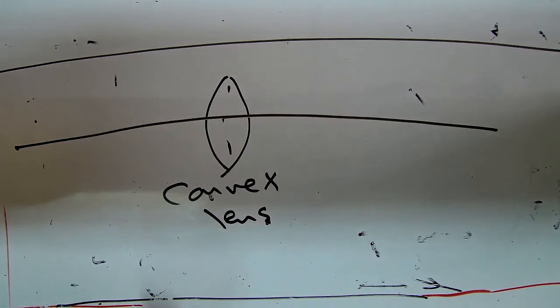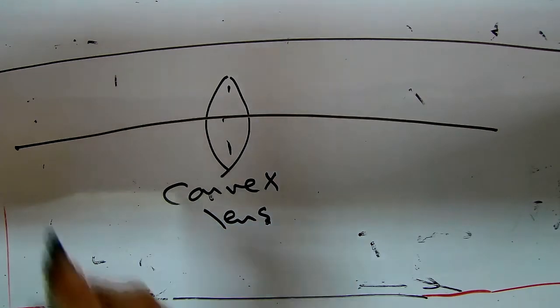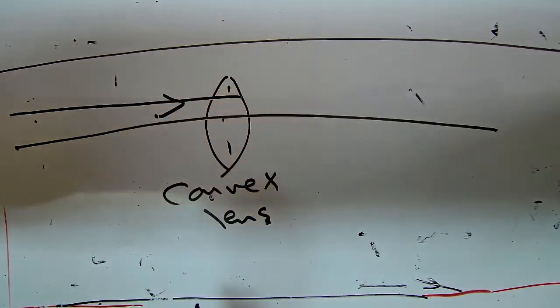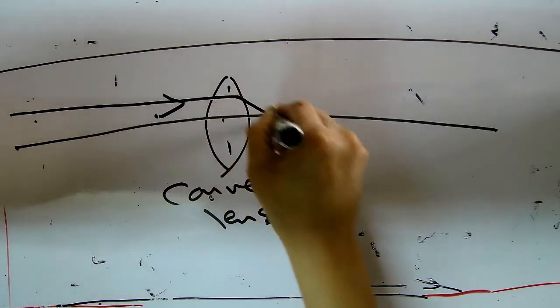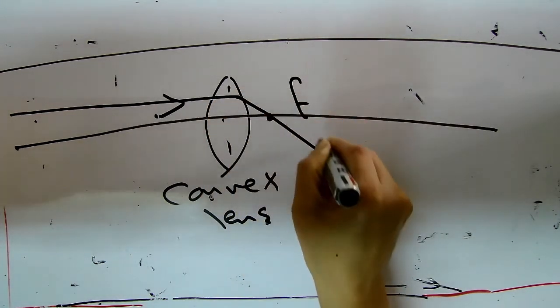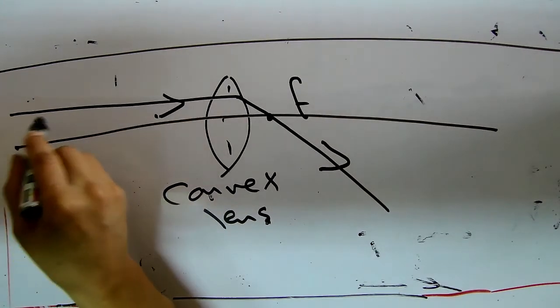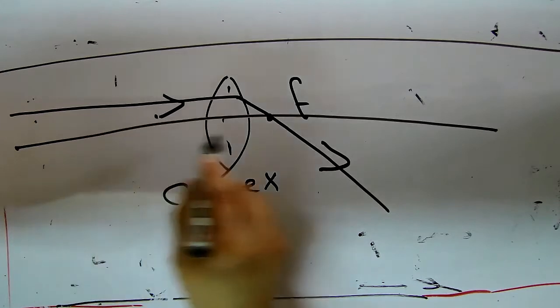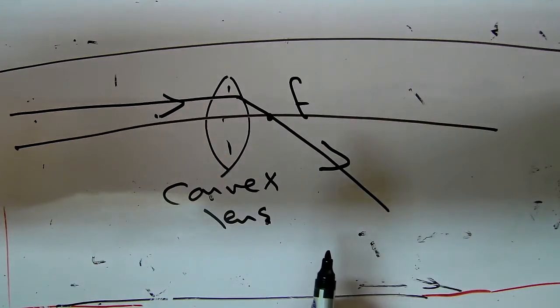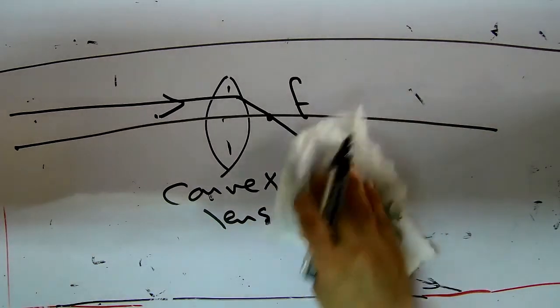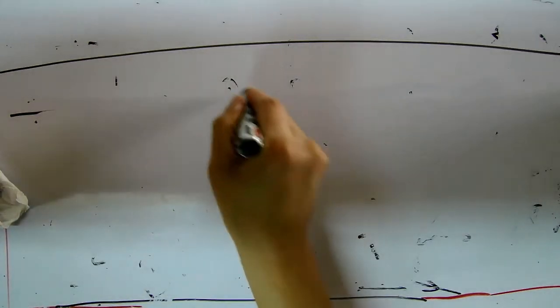Number 1: if the incident ray is parallel to the principal axis, it refracts from the lens passing through the focus.